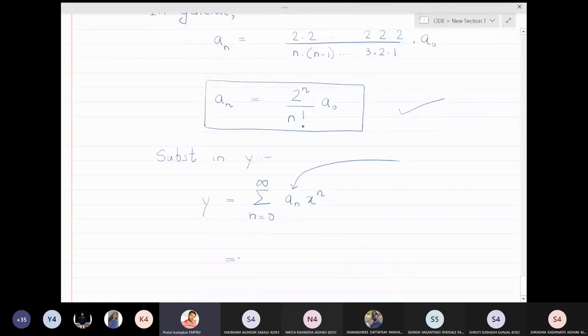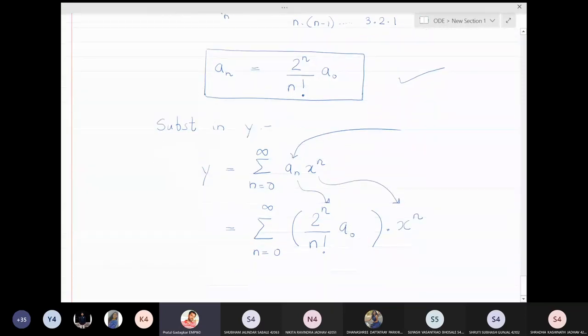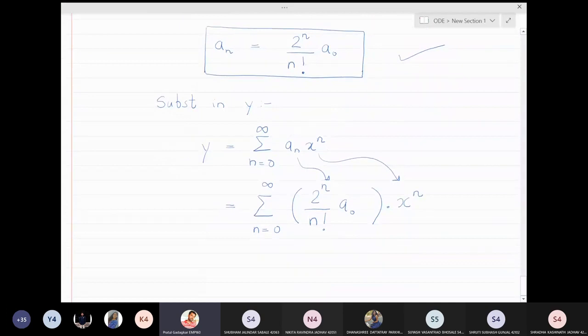So y is equal to the summation, n going from 0 to infinity, of a_n x^n. What is a_n? I'm going to substitute it here: 2^n upon n factorial times a_0, into x raised to n as it is. So here I've substituted a_n, and here I've written x raised to n as it is.